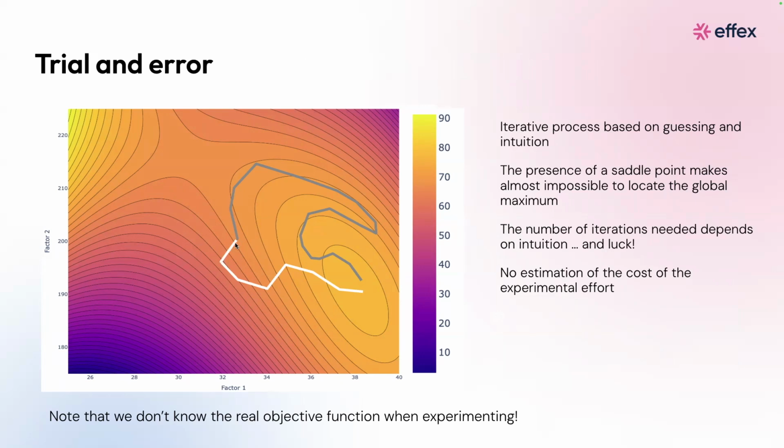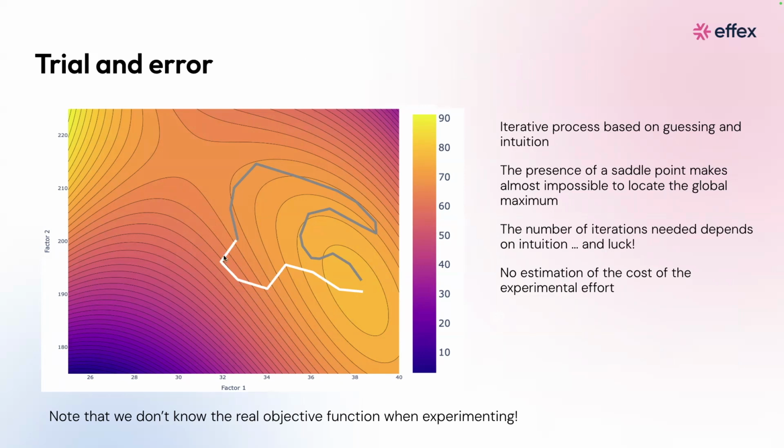Then in this case, if you move to the next point, you will get a lower value, so you move onto another direction, and then you will slowly improve your objective value until you cannot improve it anymore.